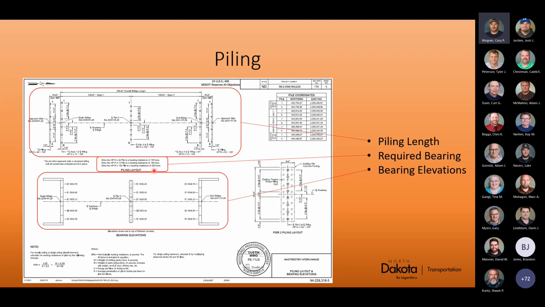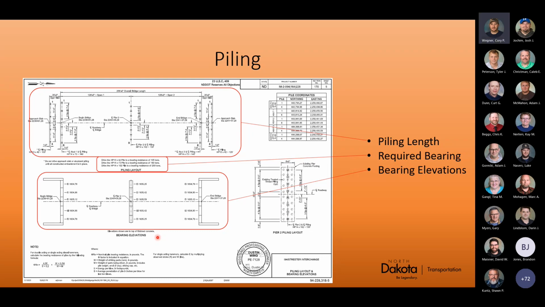Bearing elevations as far as your beam seats. So here, elevations shown are top of finished concrete. So that would be where your beams sit on your abutments and piers. That's information you need to know because a lot of times plans don't have your pile cutoff elevation, but you can calculate them from these beam seat elevations.